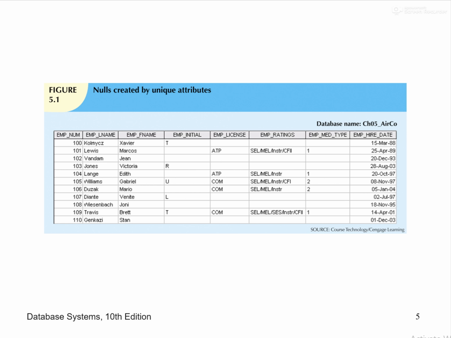Now the employee entity will have the characteristics common to all employees, like employee number, employee last name, employee first name, and employee hire date. But other attributes, which can be null for most employees and have values for only some, like employee license and employee rating, are particularly related to the special type of employee, which is pilots.